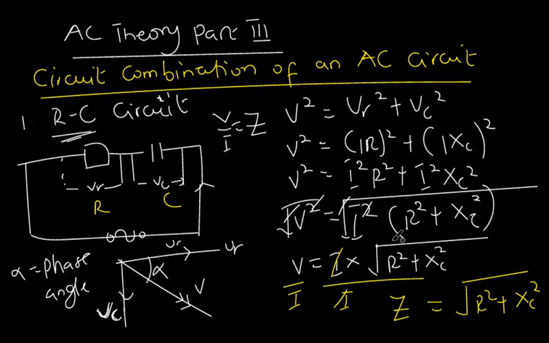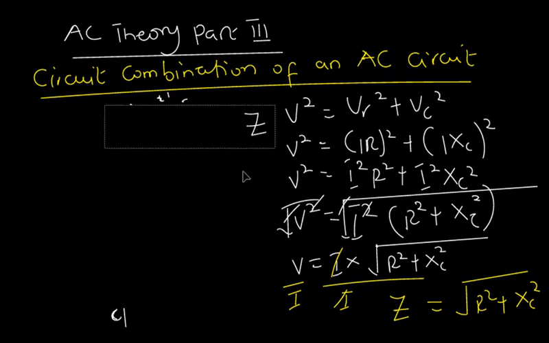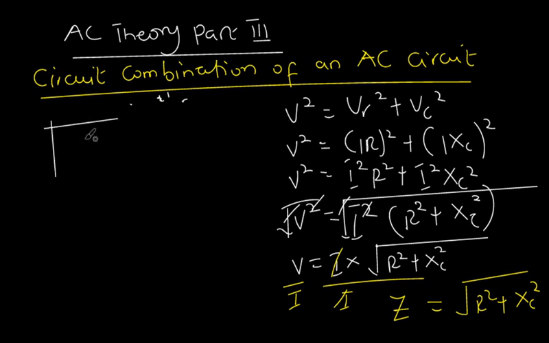Now we also need to look at another thing. In case we are asked to find the phase angle, which is like when I drew the phasor diagram, we have an angle over here, which I said was the phase angle.